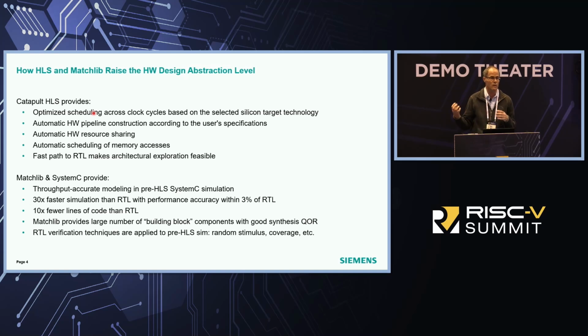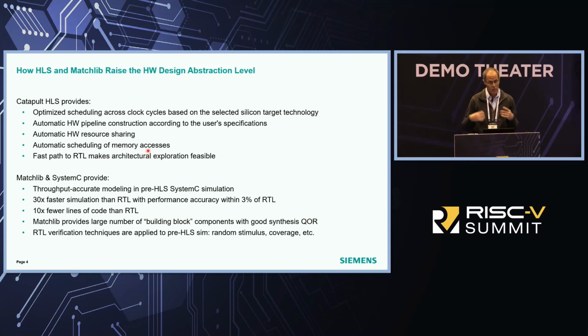Much of these designs process huge amounts of data and have to shuffle data around the chip just in time to do the required operations. The tool can automatically construct these pipelines rather than having hardware designers deal with all the details. The tool can do automatic hardware resource sharing and scheduling of memory accesses.